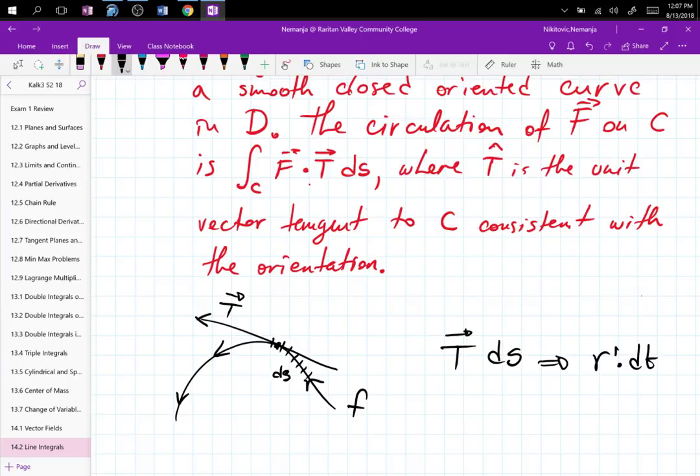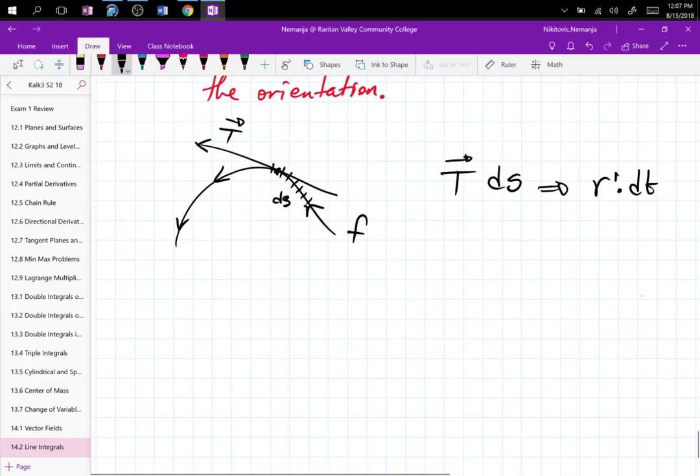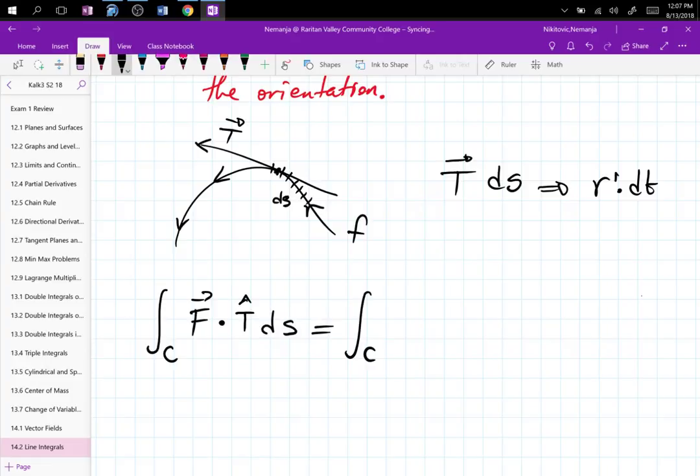So now we are able to convert our line integral, which was the integral over C of F dot T ds, into the integral over C of F dot r prime of t dt. Oh, no, not velocity, sorry, r prime. Velocity is the magnitude of r prime.